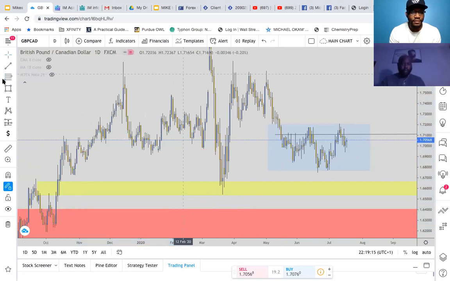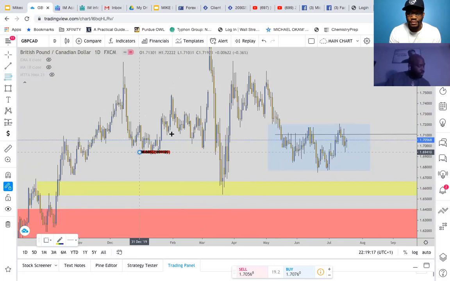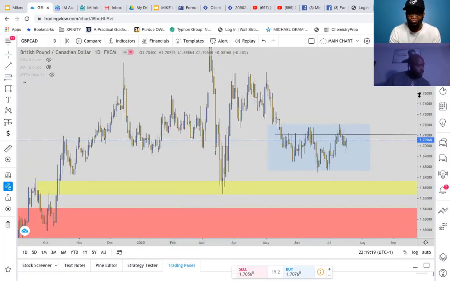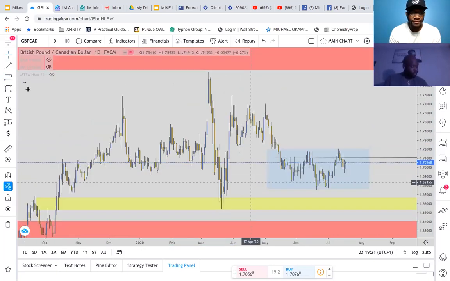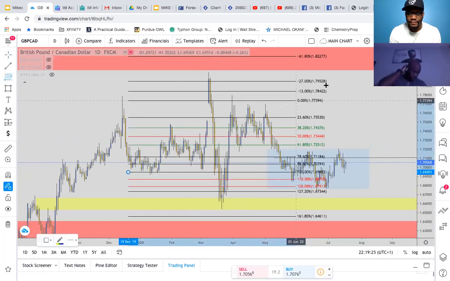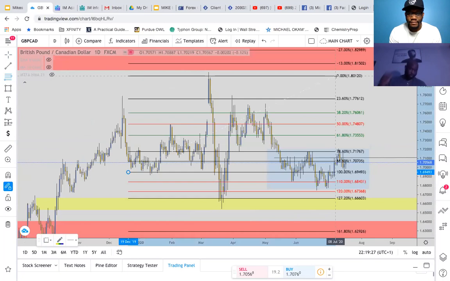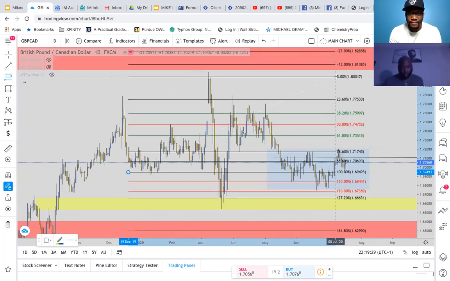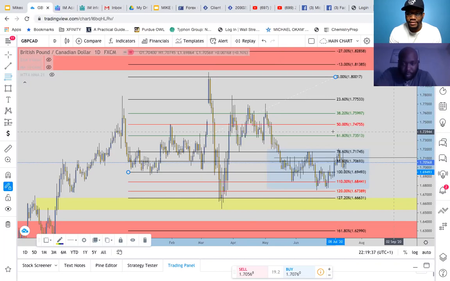Okay. And right now, I'm just using the fibs to see if structure is broken. And yeah, structure has broken.